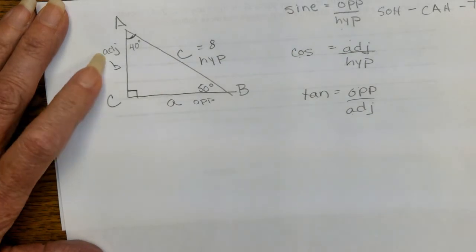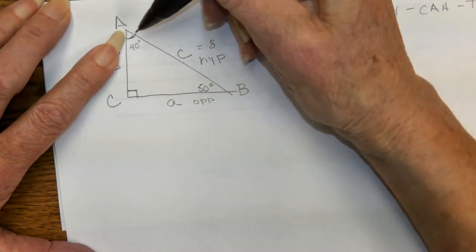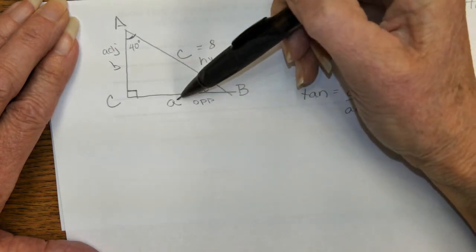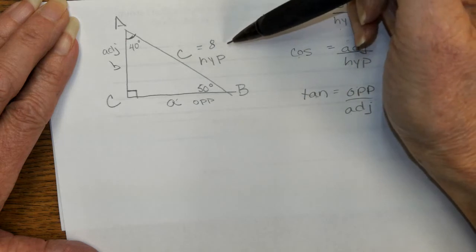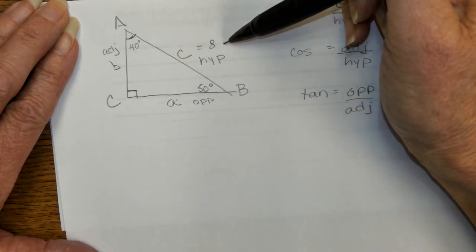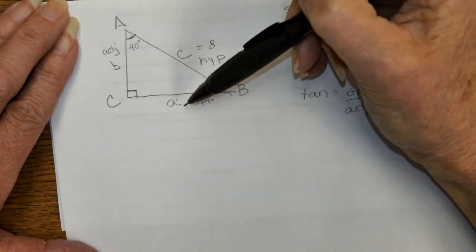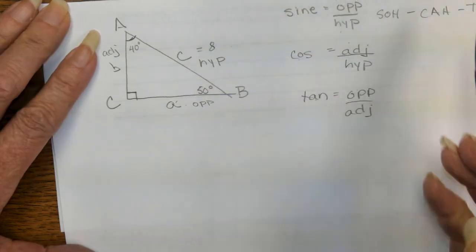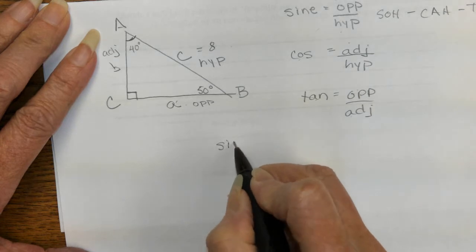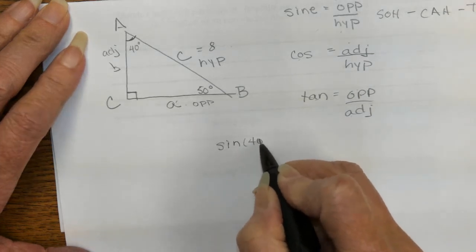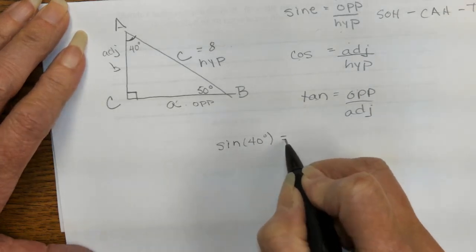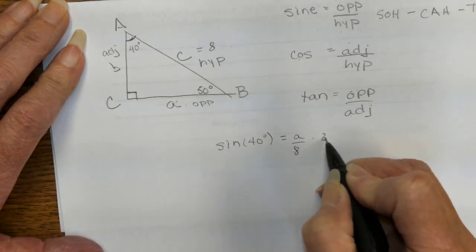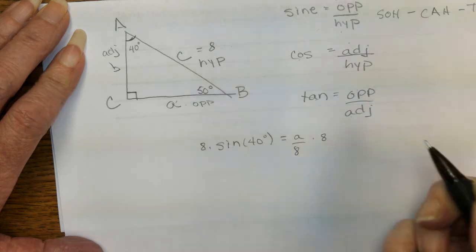Now, to find side A, I'm standing up here at angle A. I need to find side A, which is the opposite, and I know what the hypotenuse is. So I'm working with opposite and hypotenuse, that is sine. So the sine of 40 degrees is equal to A over 8. And then to solve for A, all I have to do is multiply both sides by 8.